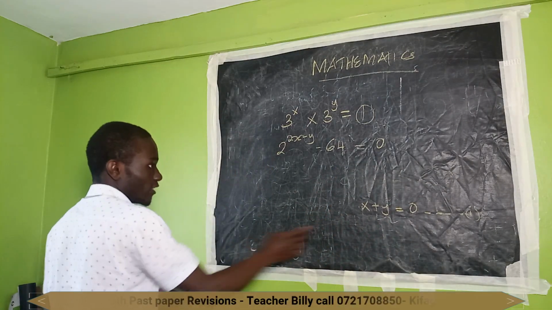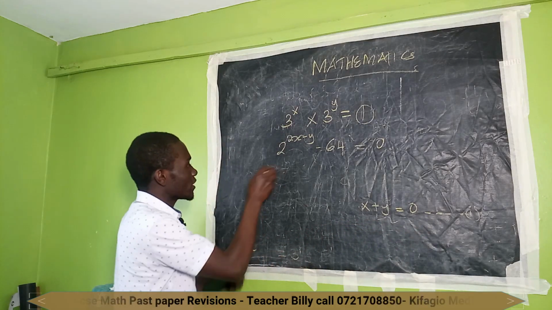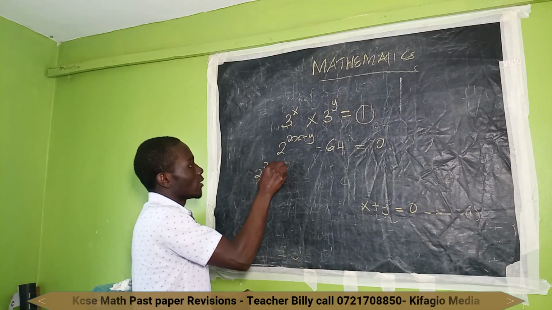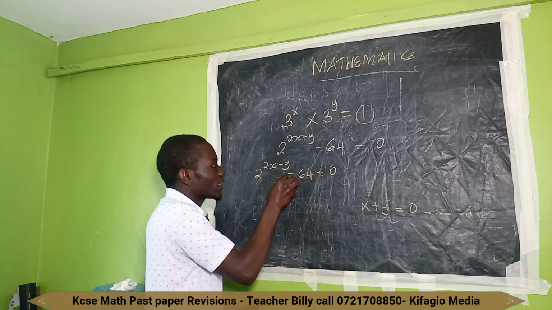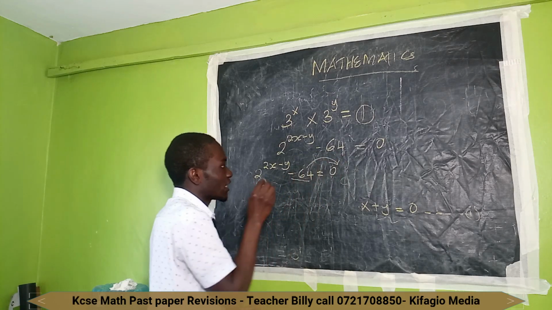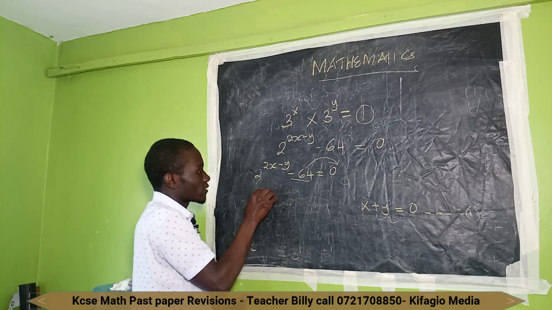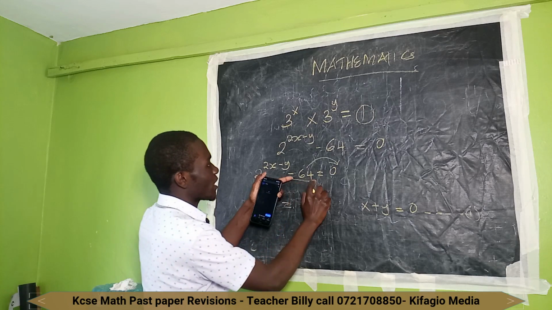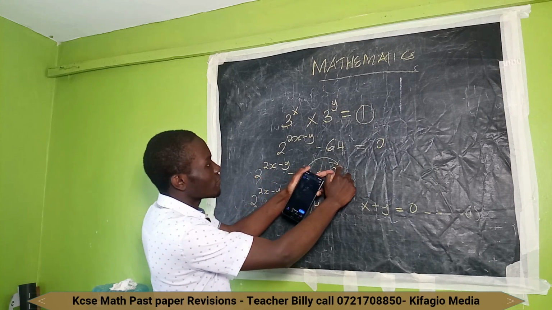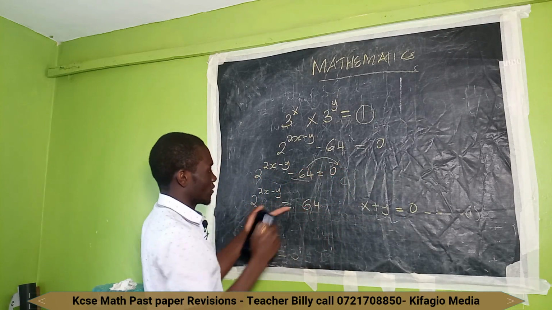You take this minus 64 to the other side, collecting like terms. 2 power 2x minus y is equal to positive 64. Of course, this is minus 64, it crosses the equal sign, we have 0 plus 64, which is 64.